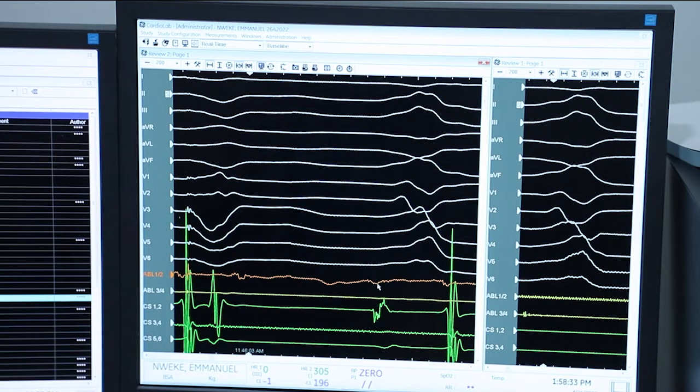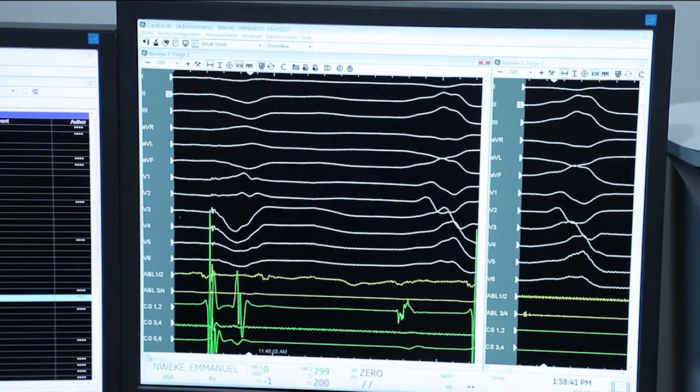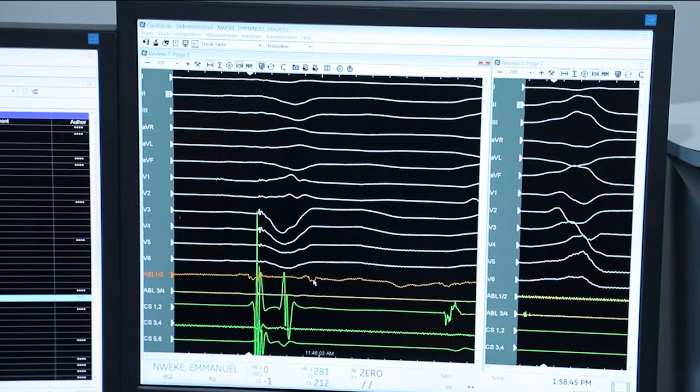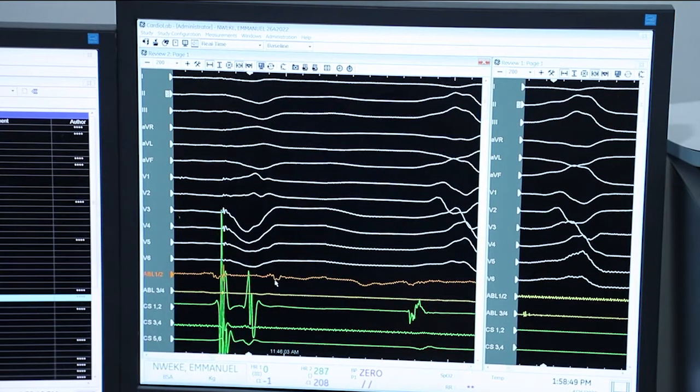This is from the left coronary cusp. At such a site, we could see clearly that there is a very late systolic potential after the end of the QRS complex.